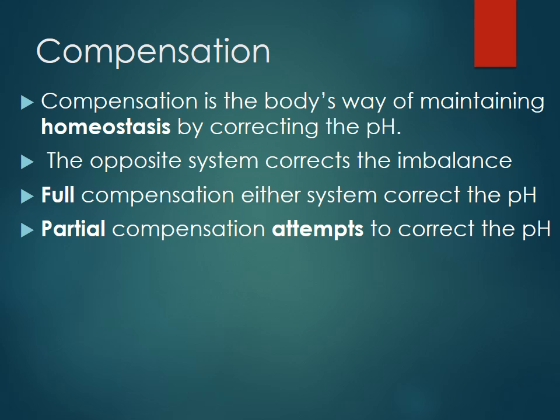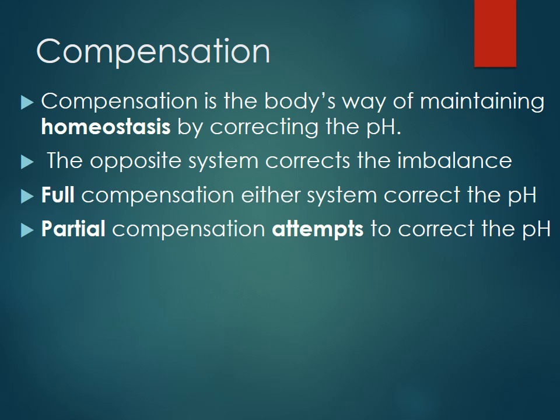One of the things I want you to know about compensation is that the opposite system of the imbalance compensates. The opposite system of the imbalance is the system that compensates. So let's do it. This is where you might want to pick up your pen or your highlighter or something like that. The good thing is that you guys get to listen to me over and over again.